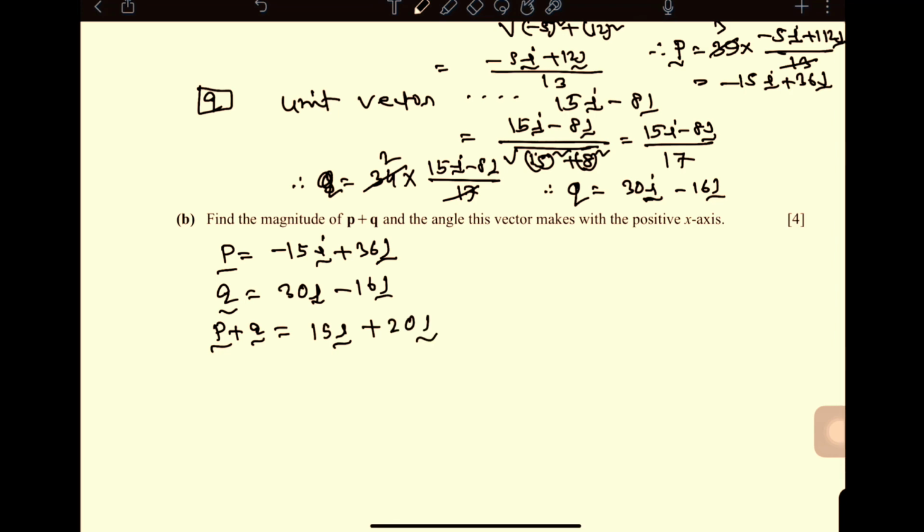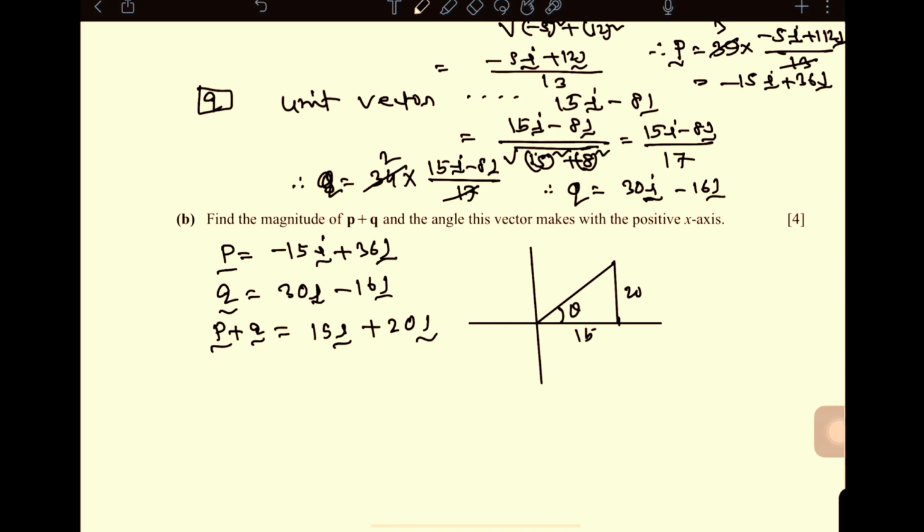We need to find the angle. So let me take this point. Let me consider this is 15 and this is 20. This is 15i and this is 20j.